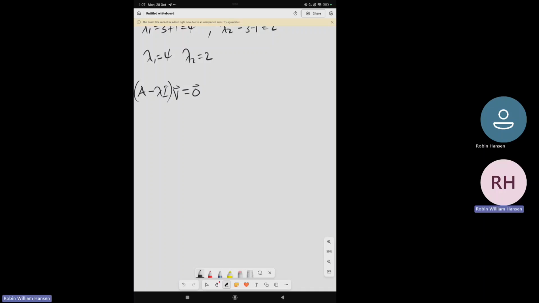Since we are using the first lambda, you're going to have E minus lambda 1 I times V1 is equal to 0. Now, E is given by 3, 1, 1, 3. So we have 3, 1, 1, 3 minus our lambda 1, which is 4.